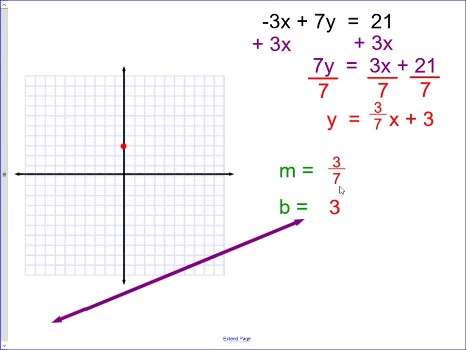We have a slope of up 3, 7 to the right. So we're going to go up 3 and 7 to the right. That's going to put us to where if I try to go up 3 and 7 to the right again, I'm not going to be able to do that.